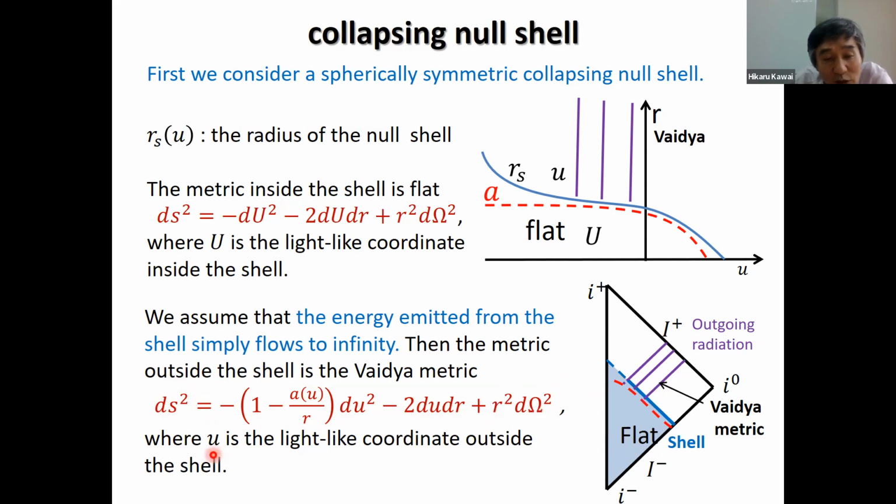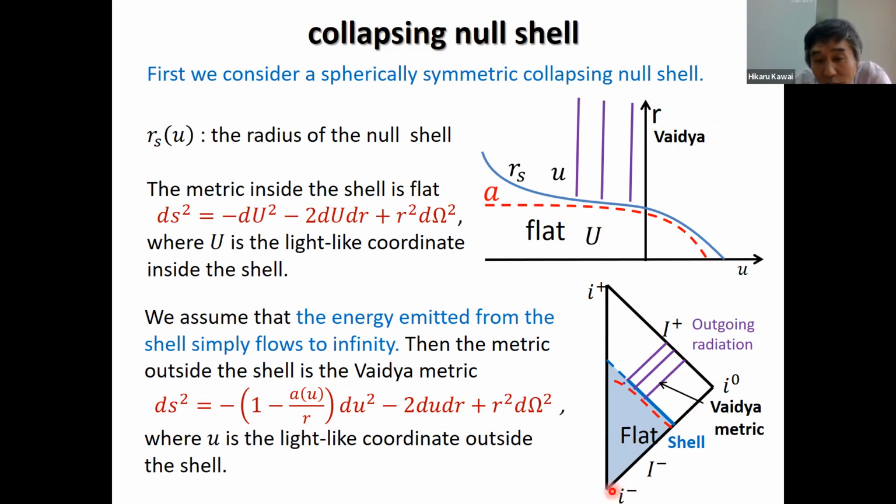But here small u is a retarded coordinate outside the shell. So capital U is a retarded coordinate inside the shell, and small u is a retarded coordinate outside the shell.